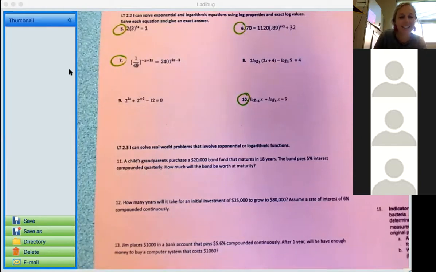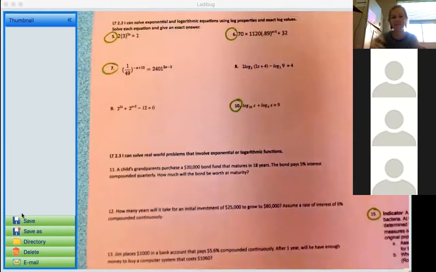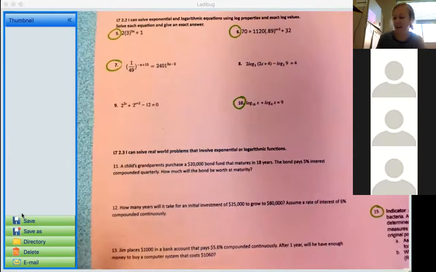Oh, okay. Number 19, just the left side, but I will do 19 on the right side. So 5 through 14. Can you do 14?